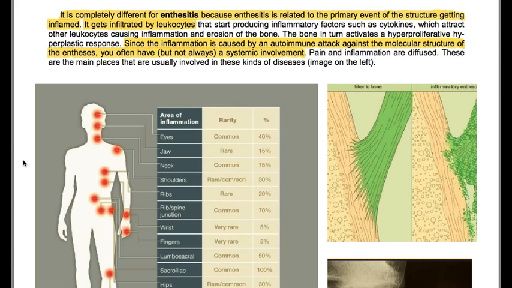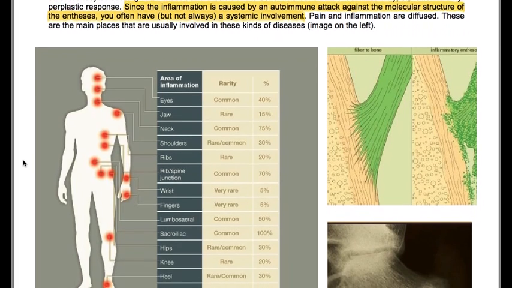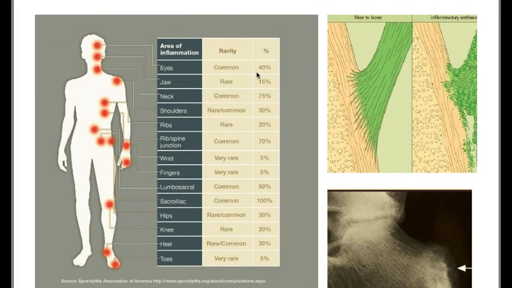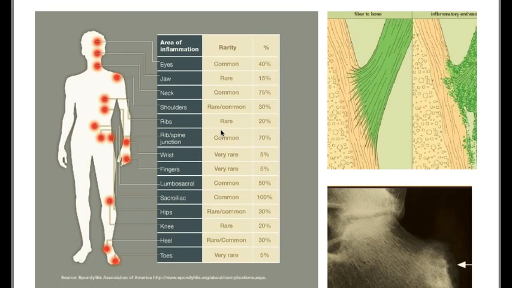These are the main places that are usually involved in these kinds of diseases, like the eyes in 40% of cases, neck in 75% of cases, rib-spine junction 70% of cases, lumbosacral 50%, sacroiliac 100%, and then others.